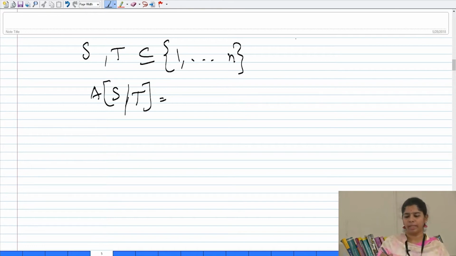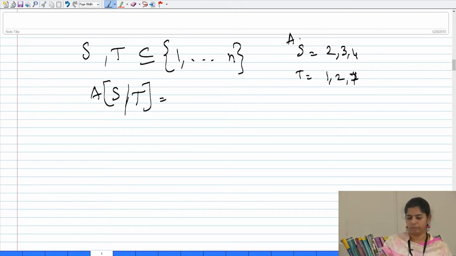Say suppose I have S equal to {2, 3, 4} and T is, say, {1, 2, 7}. Then I should obviously have my matrix A to be of order at least 7, because I have given a row entry 7, column entry 7. So, let us take it as a 7 by 7 matrix.